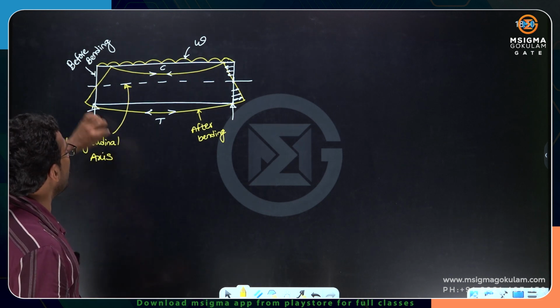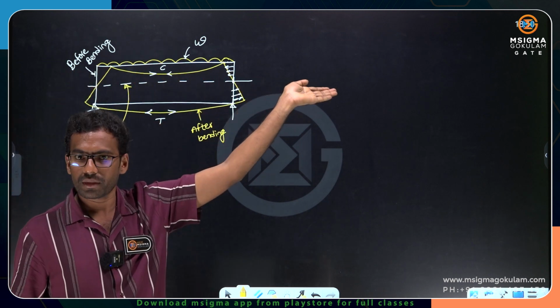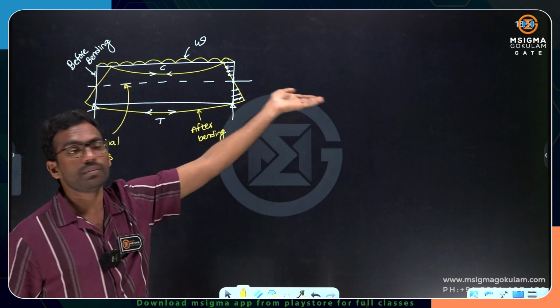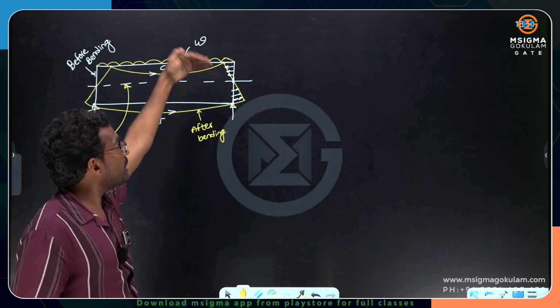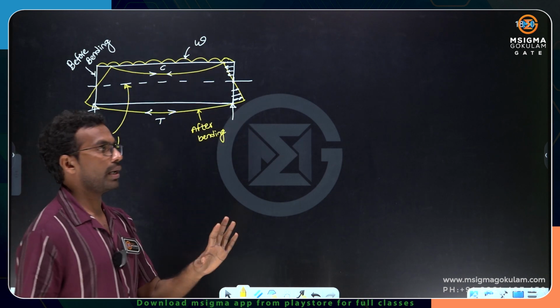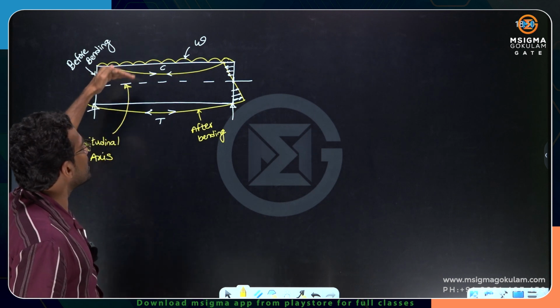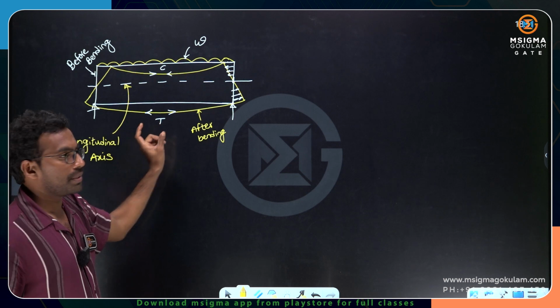How do you define it? The longitudinal axis is an axis which is running throughout the length of the beam, parallel to the length of the beam, and which divides the compression zone as well as the tension zone. Above the longitudinal axis there is compression. Below the longitudinal axis tension happens.